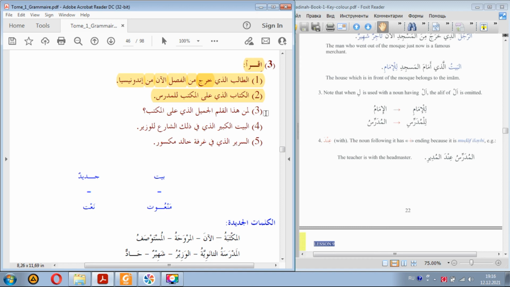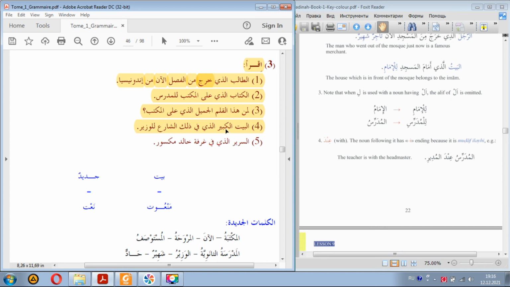It's better. لمن هذا القلم الجميل الذي على المكتب. البيت الكبير الذي في ذلك الشارع للوزير. Well, let me translate this sentence.